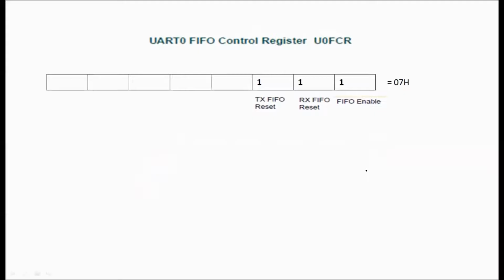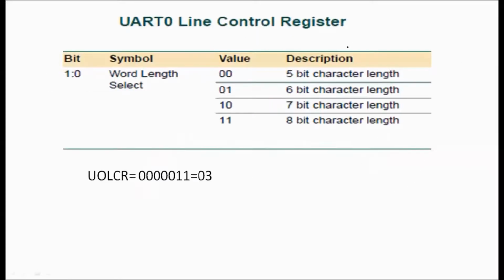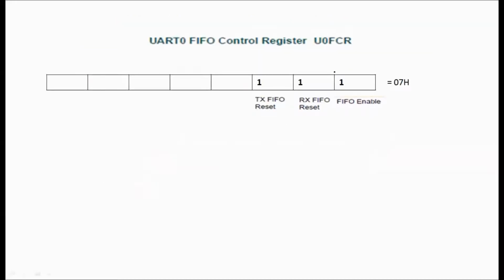The next register is the FIFO control register, that is the U0FCR register. Again, only the important bits I have shown here. Here the last bit, the LSB, is to enable the FIFO. So we have to enable this FIFO with logic 1.